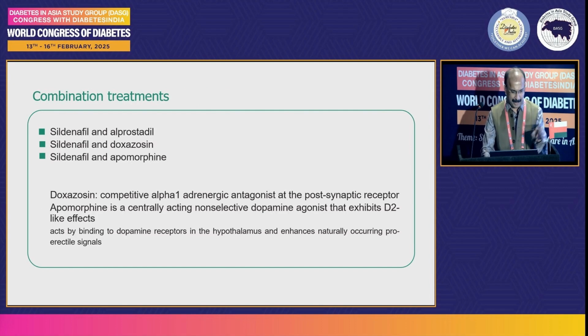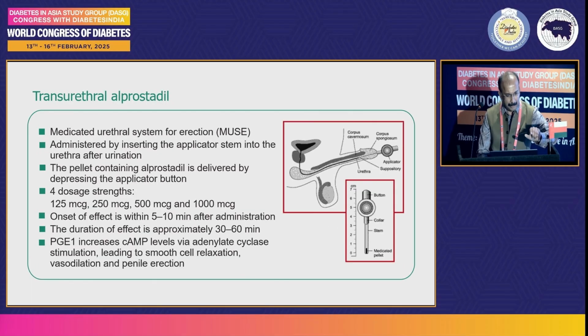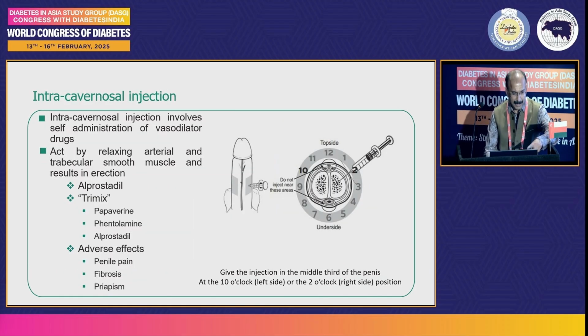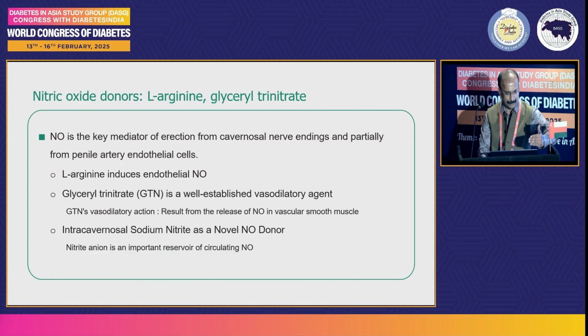So other drugs include apomorphine, avanafil, which all improve the endothelial function. And transurethral alprostadil also increases the adenyl cyclase activity, thereby improving endothelial dysfunction. The intracavernosal injections of trimix, which contain papaverine, phentolamine, and alprostadil, also improve the endothelial dysfunction.